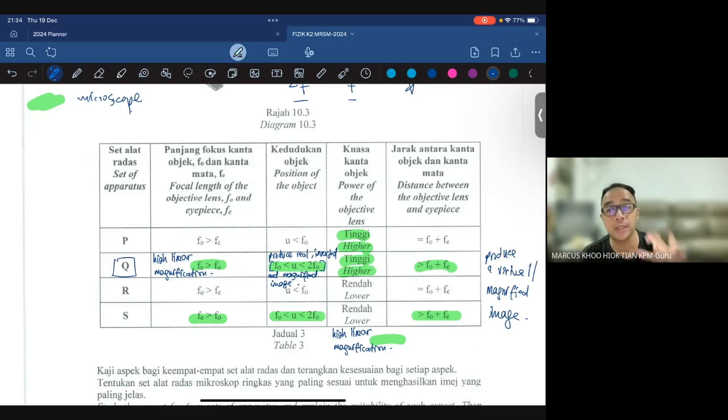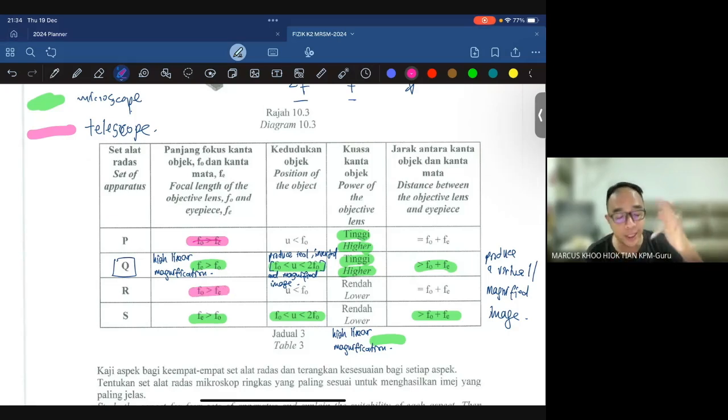Okay, these are kind of set reasons, but it's very, very difficult to remember because it's complicated and there's a lot of overlap with the telescope. So why did I highlight green earlier, and now I'm going to highlight this pink, because these are features in the telescope. Not everything here is telescope, but for example this one, FO bigger than FE is a feature in the telescope.